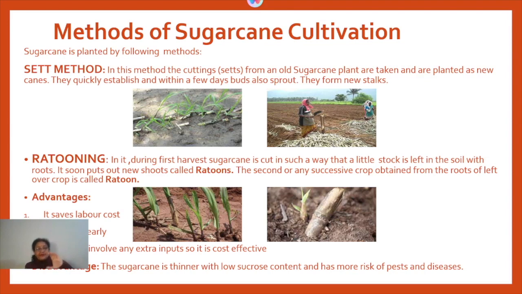Some part of it is left there in the soil with its roots, and then it soon puts out new shoots, or you can say it develops into a new stalk, and that is called a ratoon. The left out part which remains in the soil and develops into a new crop, a new sugarcane, a new stalk, is called a ratoon.